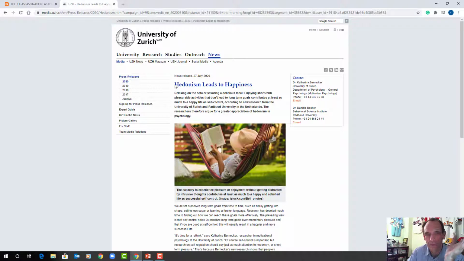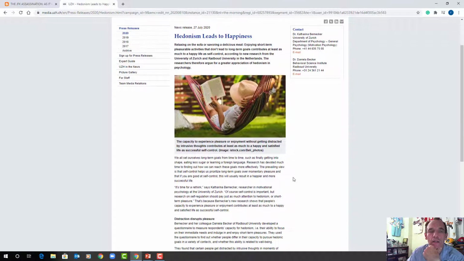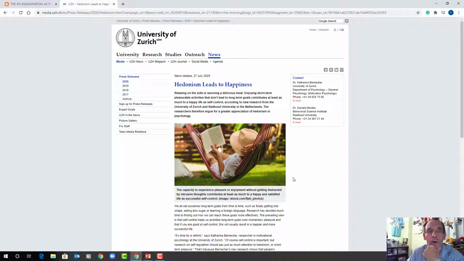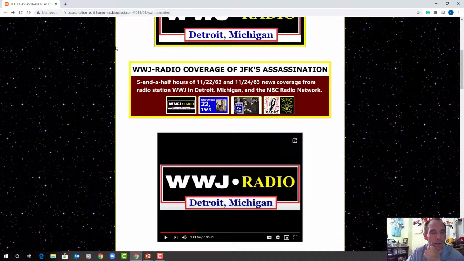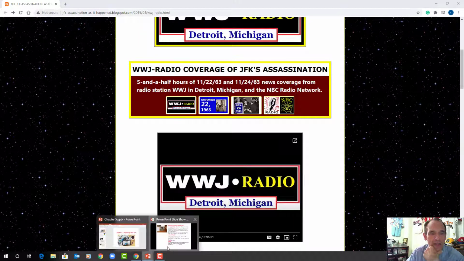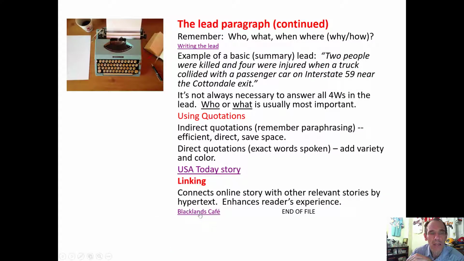It's really more a statement that hedonism is something that balances self-control, but that you need both. But this is the original story that she wanted to talk about, and it comes from the University of Zurich. And if someone wants to know more about this, they can read more about that story. So that's linking by hypertext.